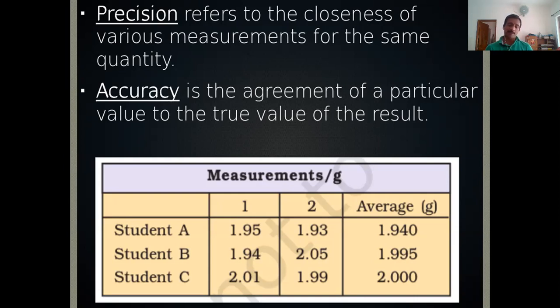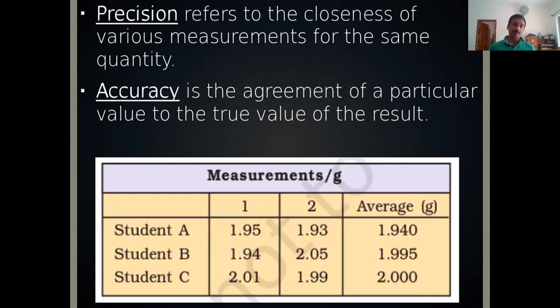It is precision. We don't know whether it is accurate or not, but these values are very close to each other. So this measurement is precise, or we can say student A has precision. That is meant by precision, closeness of various measurements for the same quantity.